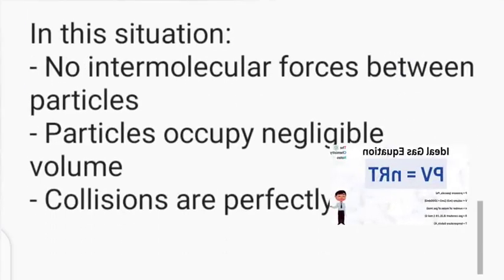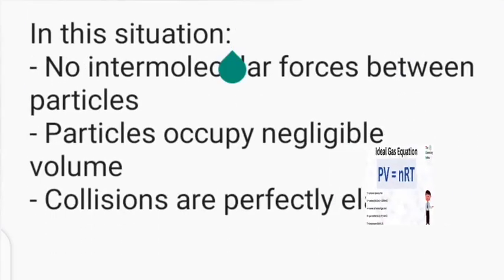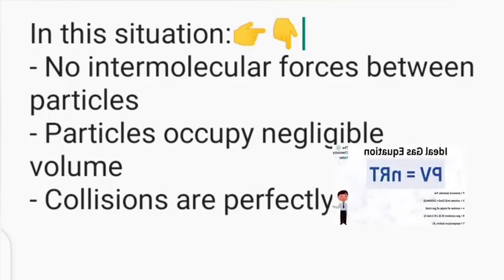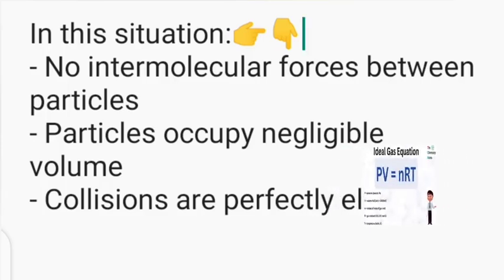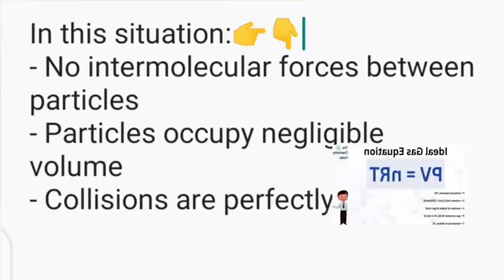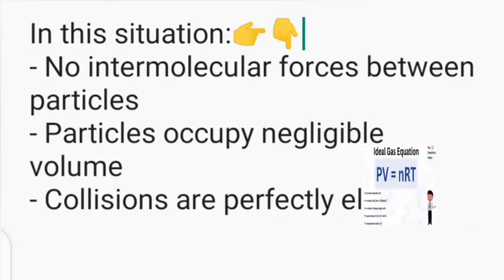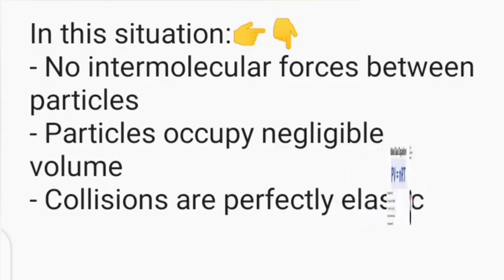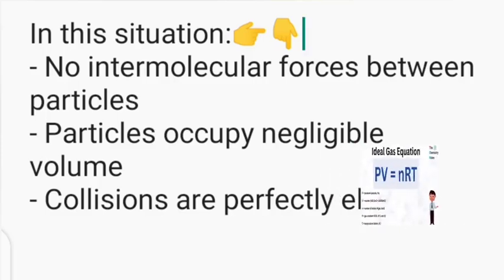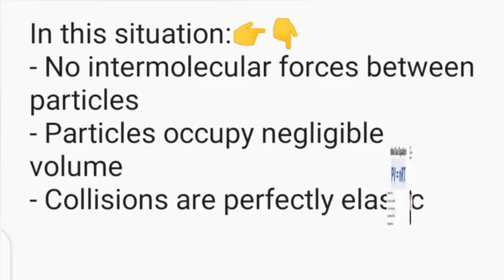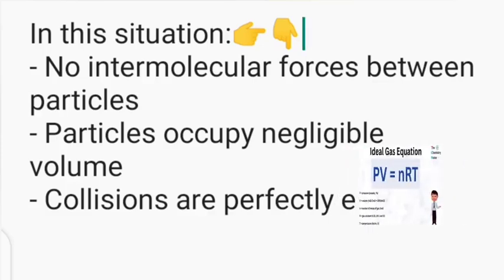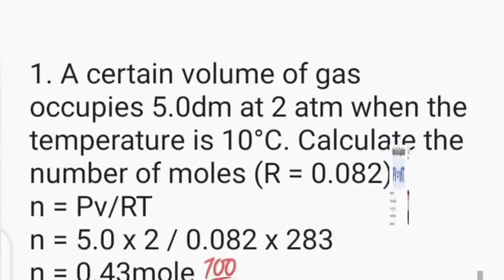But an ideal gas situation is a little different in the sense that there are no intermolecular forces between the particles, the particles occupy negligible volume, and collisions are perfectly elastic. That is a perfect situation.